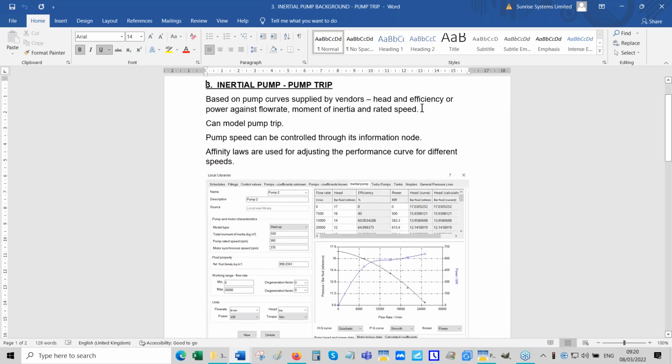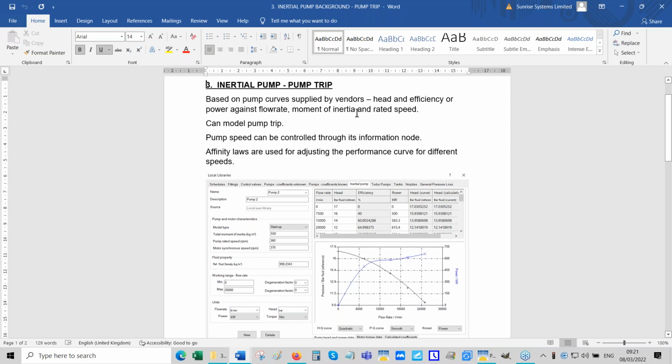For the pump trip, we need the head against the flow rate, and the efficiency or the power against the flow rate, because from the flow rate and the head we can calculate the hydraulic power, and so from the efficiency we can calculate the power anyway. And so we can specify that for the power.